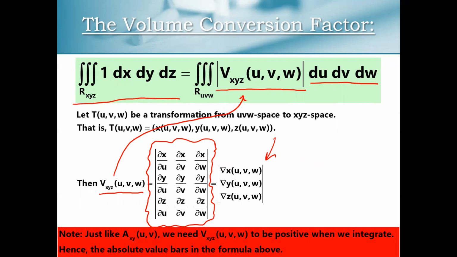If you get a constant, just make that constant positive, and that is a good way of evaluating your absolute value. If you have something more complicated, in Mathematica, you might have to put ABS around it in order to account for the fact that the volume conversion factor needs to remain positive over the entire UVW region as we're integrating.